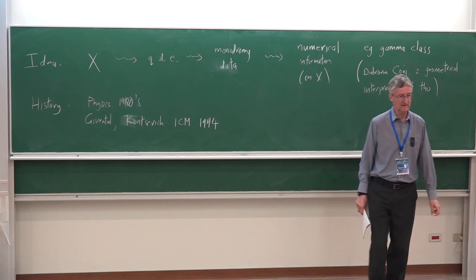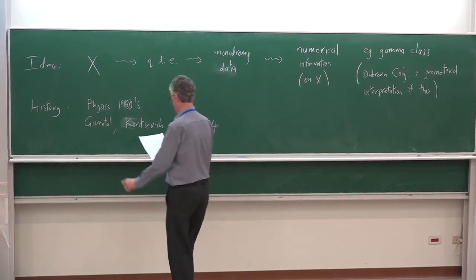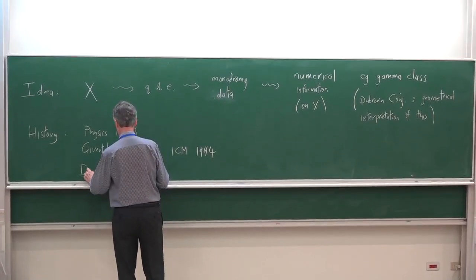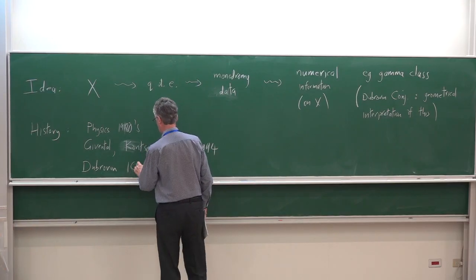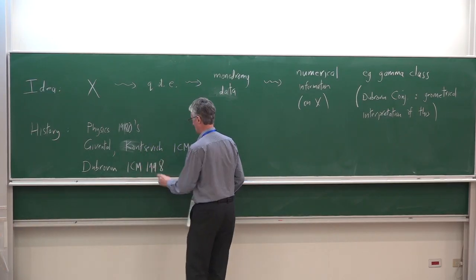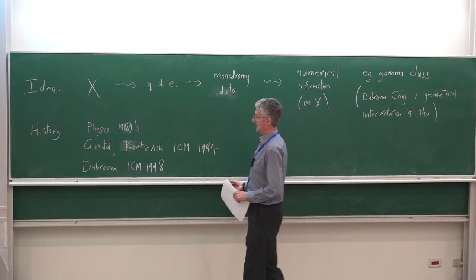So there are two short articles which are very inspirational. And then another inspirational article by Dubrovin in the following ICM, 1998. So, of course, the Dubrovin conjecture is from this time.